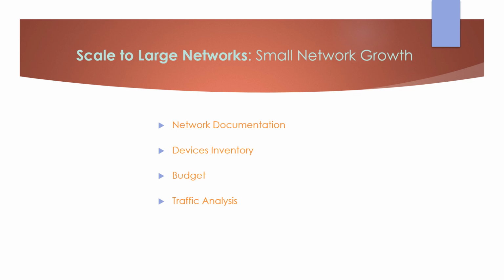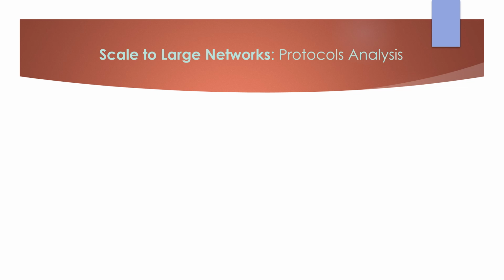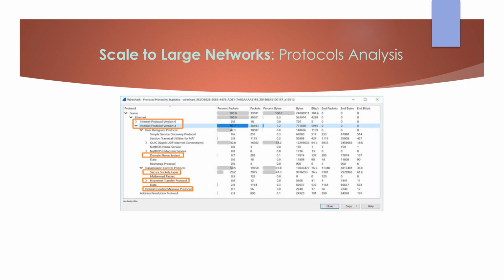As the network grows, it becomes important to determine how to manage network traffic. It is important to understand the type of traffic that is crossing the network as well as the current traffic flow. There are several network management tools that can be used for this purpose. However, a simple protocol analyzer such as Wireshark can also be used. For instance, if you run Wireshark on several key hosts, it can reveal the type of network traffic flowing through the network.